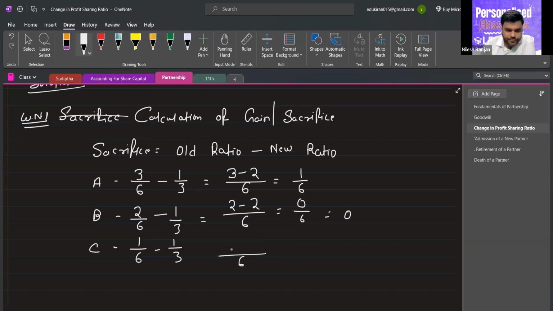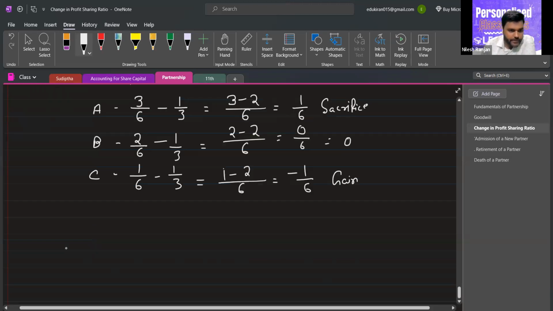Here it will be 1 minus 2, which is minus 1/6. So A is sacrificing and C is gaining part. Now both are the same, so we have to multiply once only.